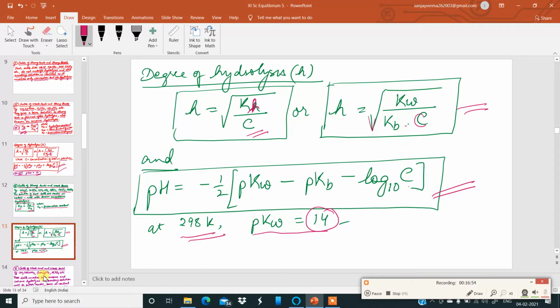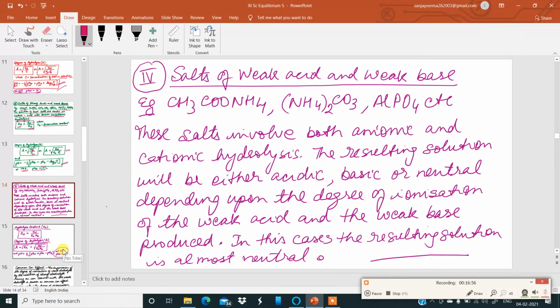Okay, now the next type of salts under salt hydrolysis is salts of weak acid and weak base, where the salt contains a weak acid and also a weak base. So examples are ammonium acetate, ammonium carbonate, aluminum phosphate, etc. These are some examples of salts containing weak acids and weak bases. Now these salts involve both anionic as well as cationic hydrolysis.